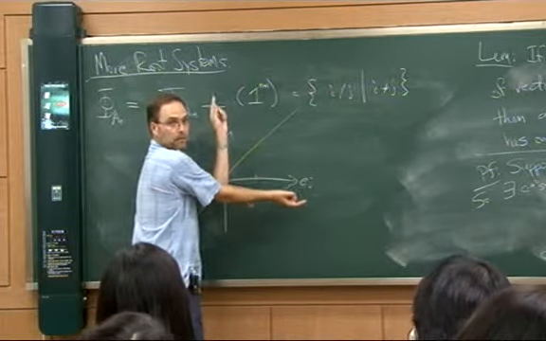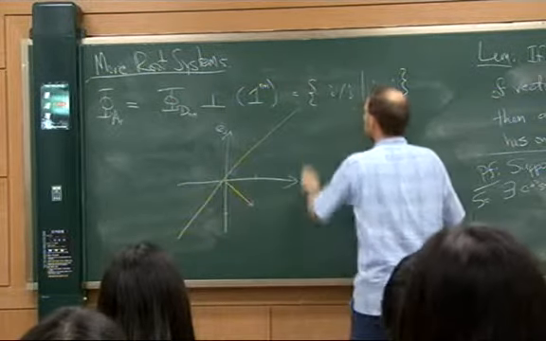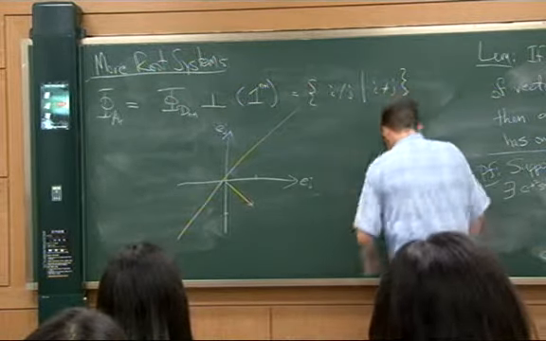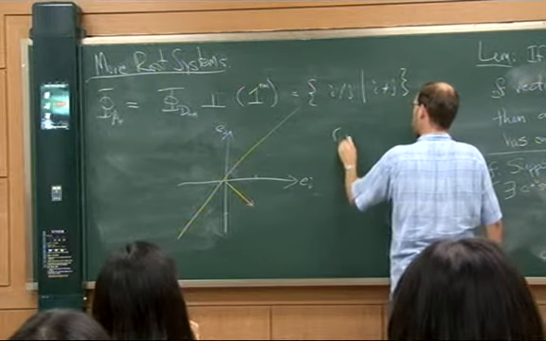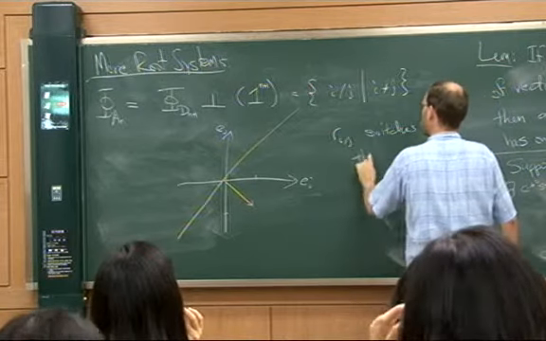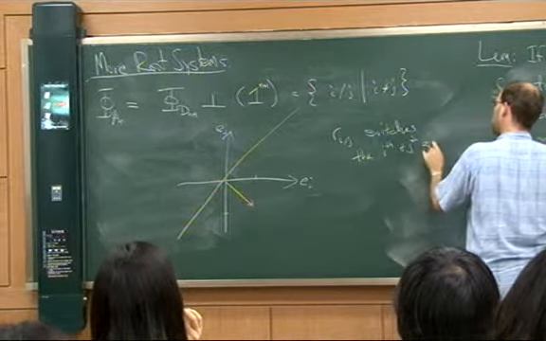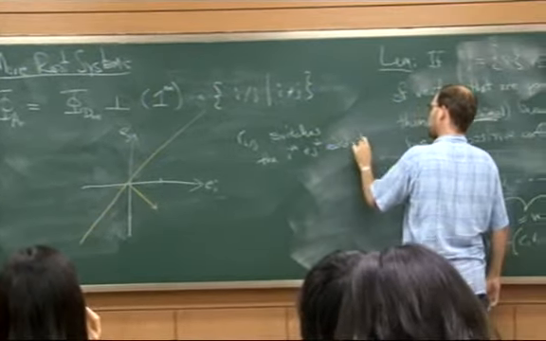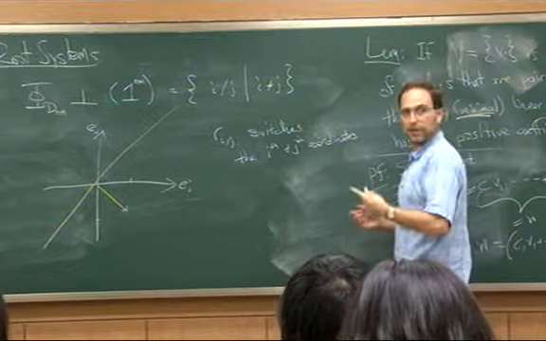You go from this. And so what does this root correspond to? It corresponds to a reflection that switches the ith and jth coordinates. Right? It just switches the ith and jth coordinates.